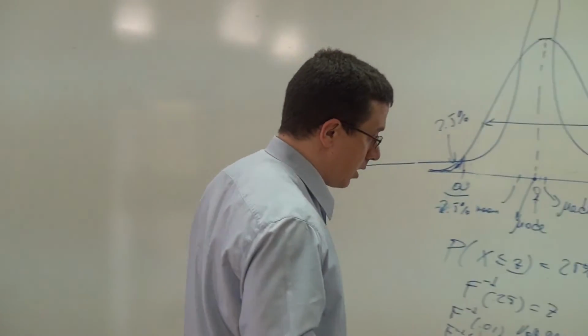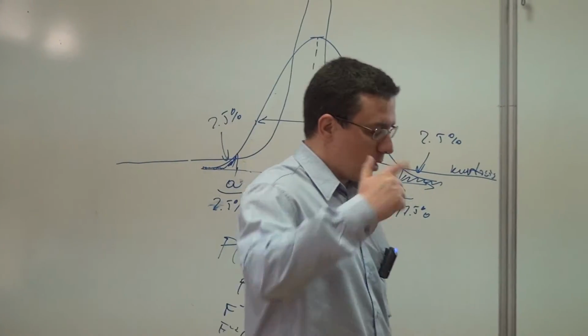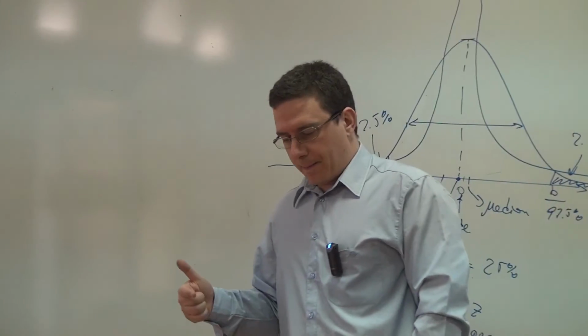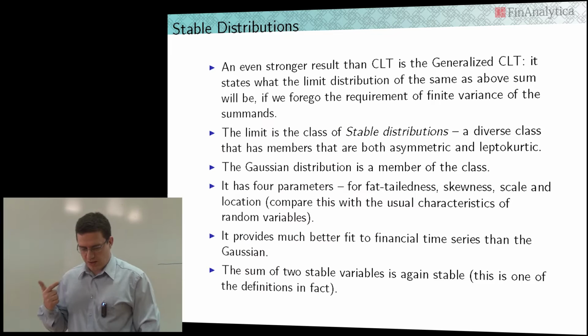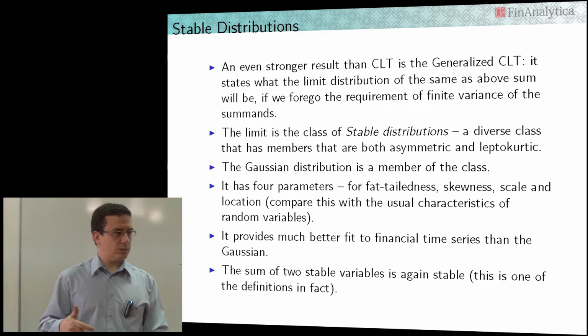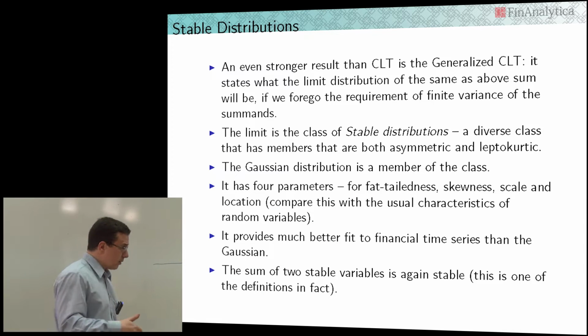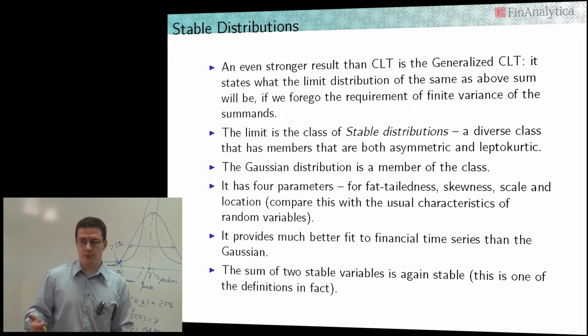And when Cognitive was first launched in 2001, if I remember well, I wasn't in the firm back then, but the main thing that separated us from our competitors was the usage of the stable distribution.